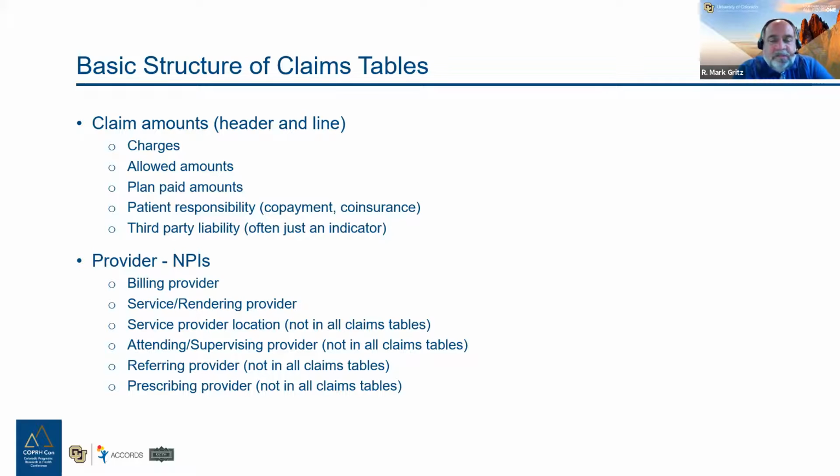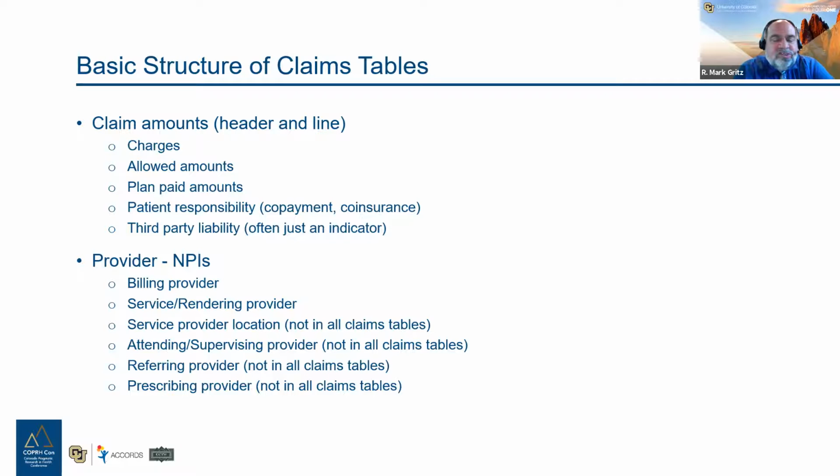And there's, as I mentioned, a National Provider Identifier, NPI, for organizations as well as individuals. And so those are generally going to be organizational NPIs. There's also an identifier for the service or rendering provider, and that is the provider that is rendering the service to the member.